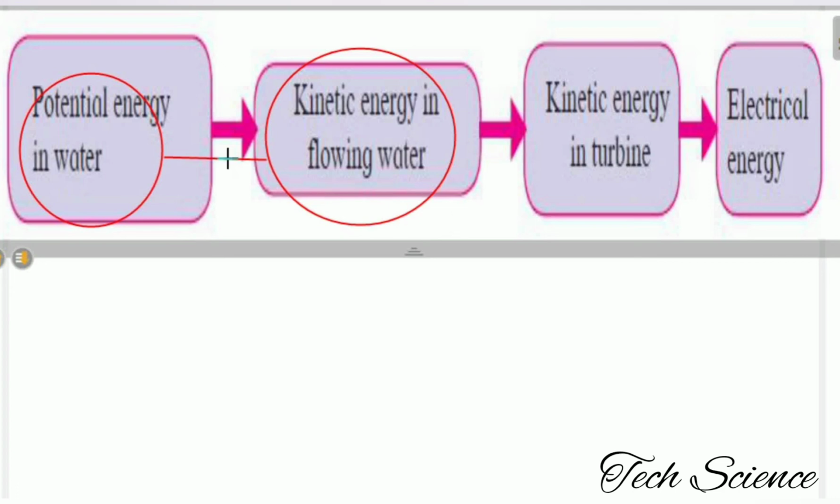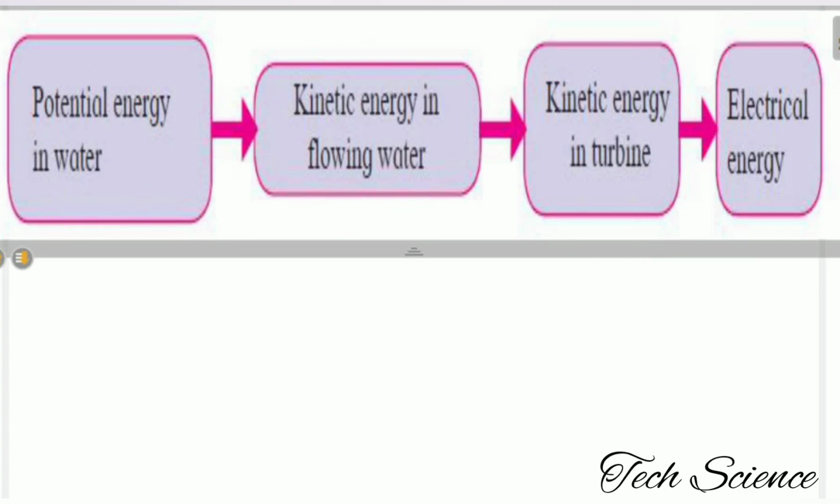So the potential energy of the water gets converted to kinetic energy, and this flowing water, when it finally falls on the turbine, makes it rotate. When the turbine starts to rotate, the turbine also has kinetic energy, and this turbine is ultimately connected to the generator. Inside the generator, a magnet is rotating as the turbine rotates, and when the generator rotates, there is a generation of electrical energy.